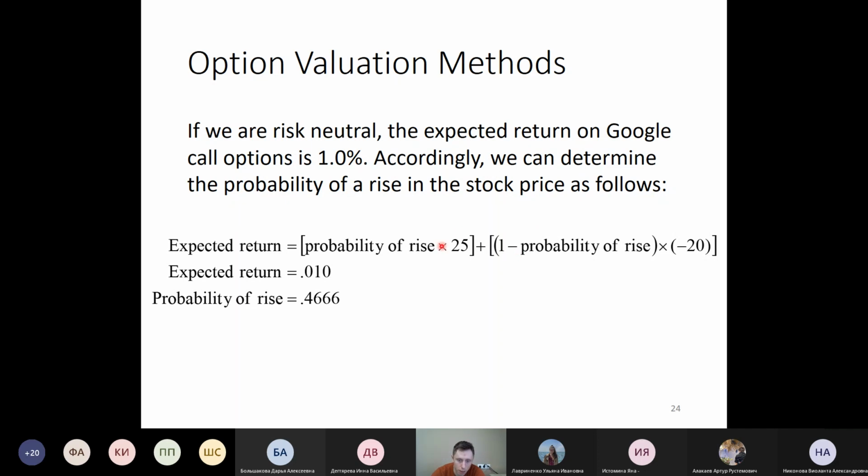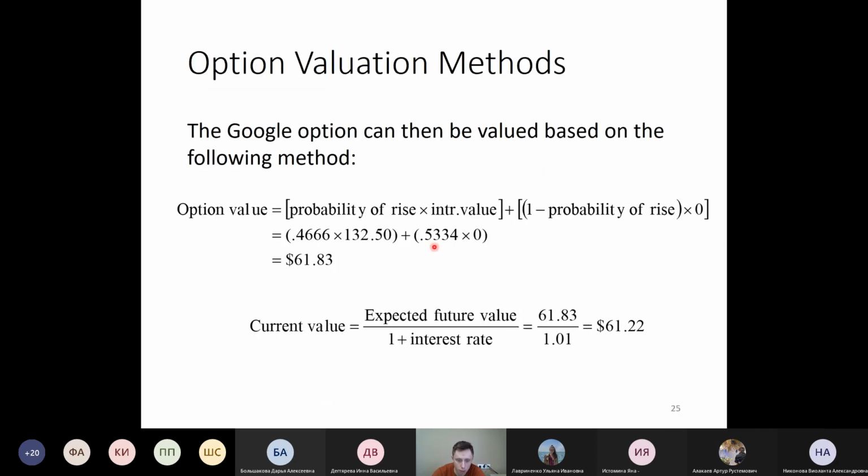We have some estimation of the expected increase or decrease of the price, and we can estimate the probability of the rising of the price first. Then we know what would be the option value in each case. We estimated that, then we made a discounting because it would happen in a subsequent period and have the same value.